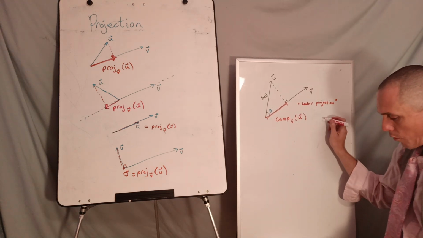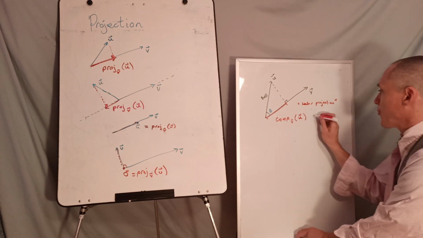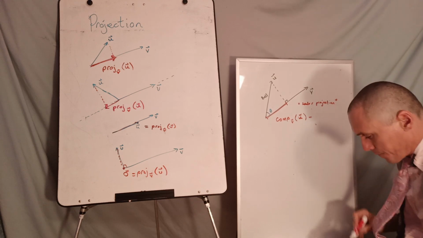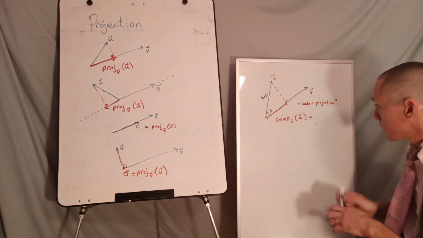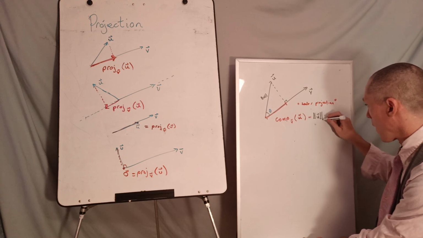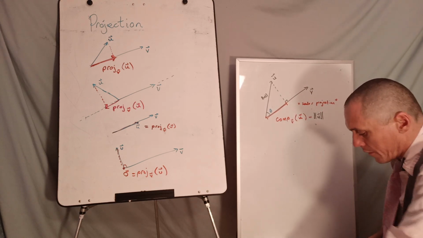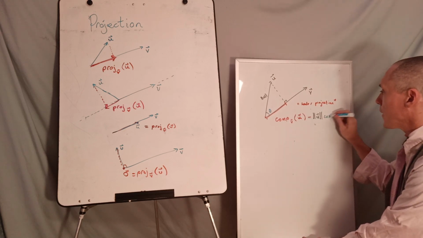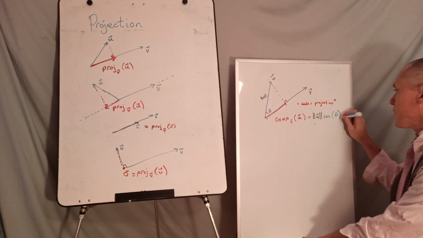And just by your basic trigonometry, this is the magnitude of u times the cosine of the angle between them. Hey, cosine of an angle between, well, that sounds like part of the dot product.